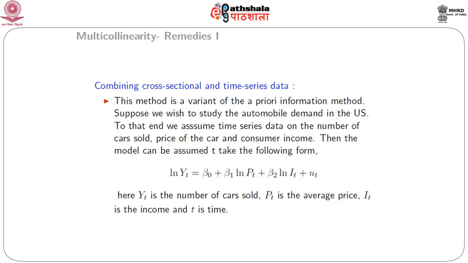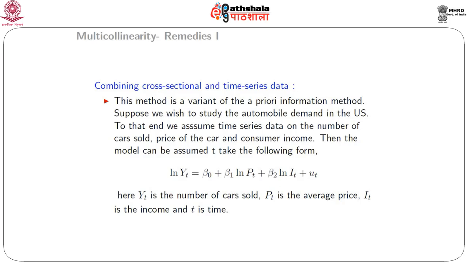Log of y_t equals beta naught plus beta 1 log of p_t plus beta 2 log of i_t plus u_t, where the log that we have taken here is of natural base. Here y_t is our response, which is the number of cars sold. p_t is the first predictor variable, which is the average price of a car, and i_t is the income variable.